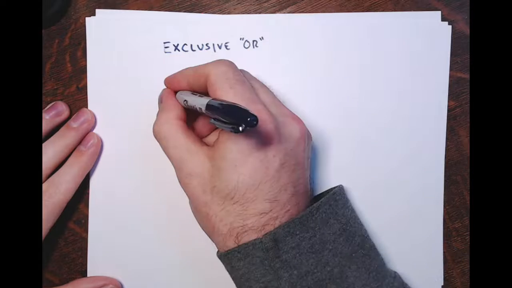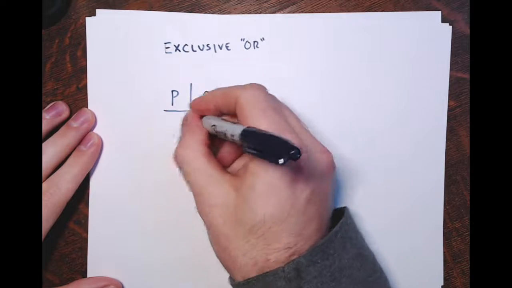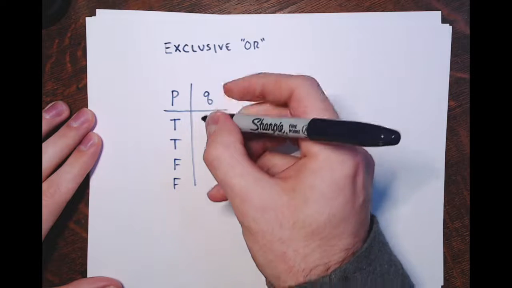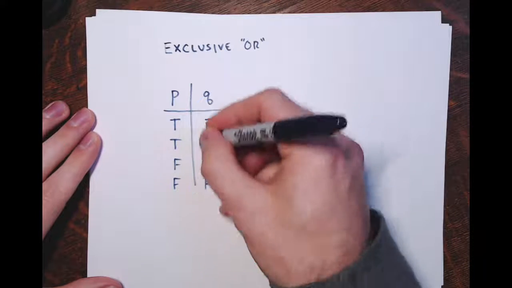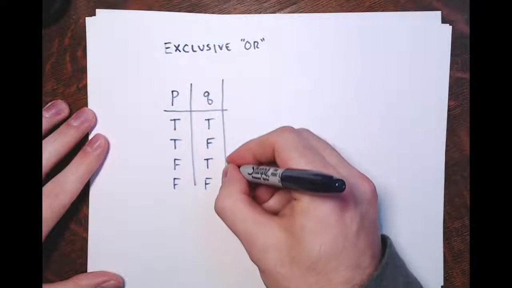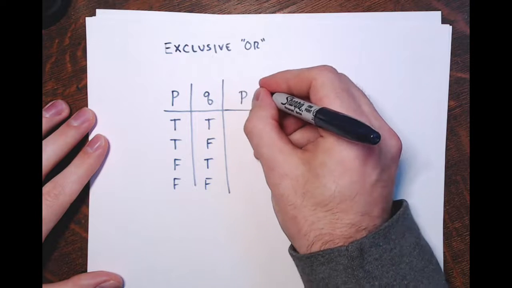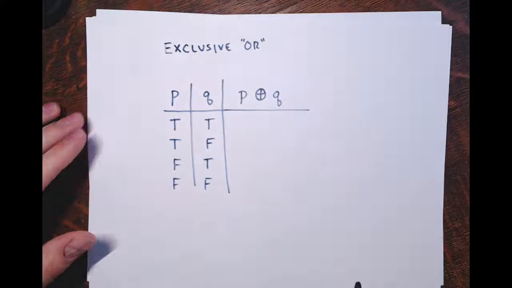Again, two propositions, P and Q, four rows. Again, 2 trues, 2 falses down the P column, true, false down the Q column to get all possible combinations of truth values for P and Q. And then I'm doing the P or Q, the exclusive OR.